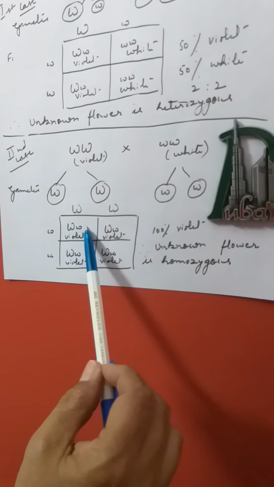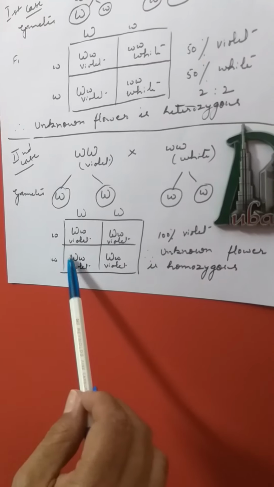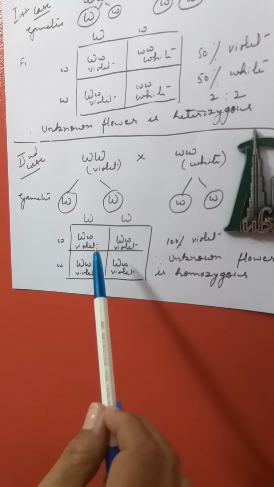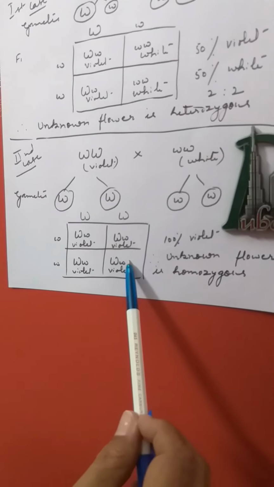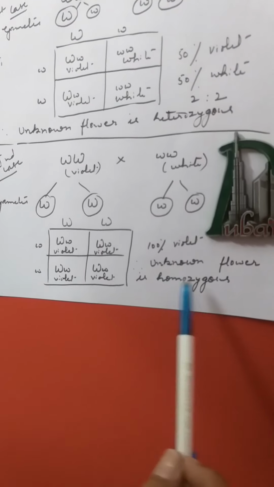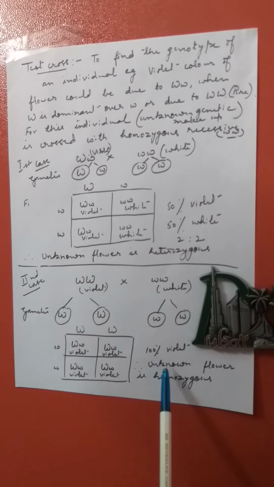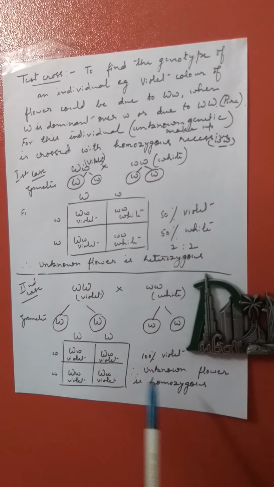Capital W is dominant over small w, violet. Again capital W dominant, violet. Capital W dominant, violet. Capital W dominant over small w, violet. 100% violet. The unknown flower is homozygous. This is how we can find out the genotype of the unknown individual.